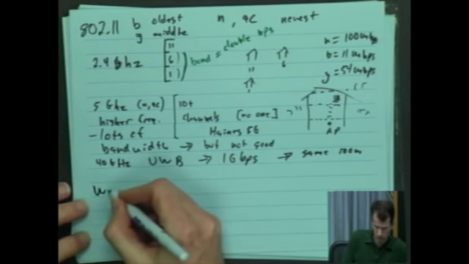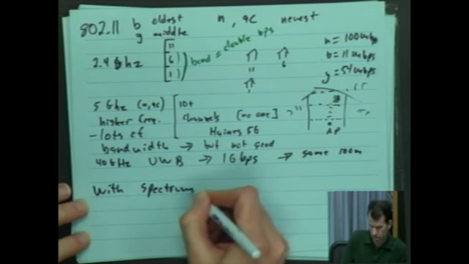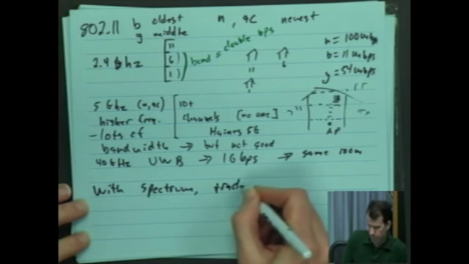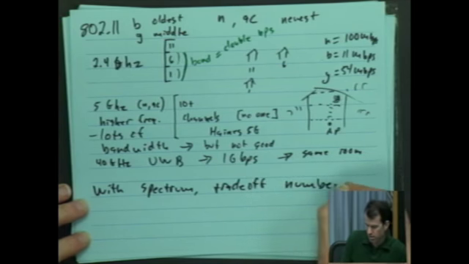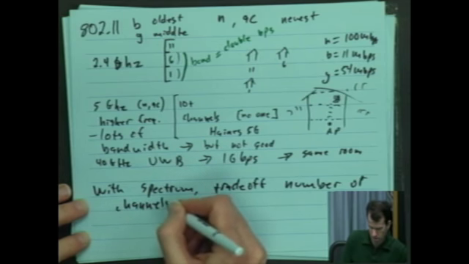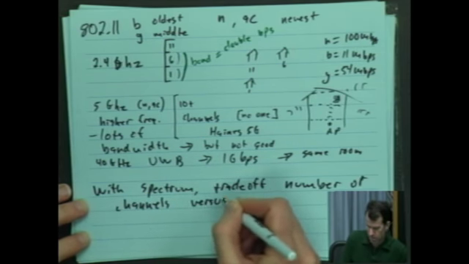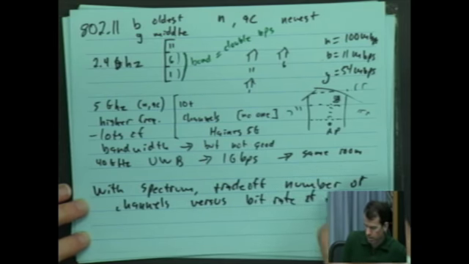So within a spectrum range, there's a trade-off of the number of channels versus the bit rate of each channel.